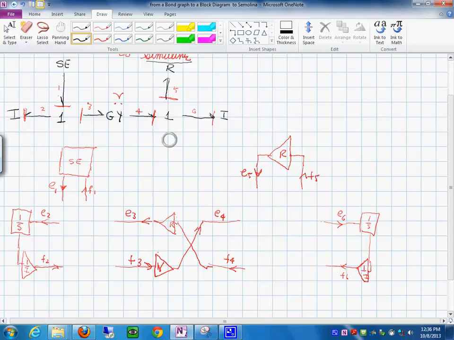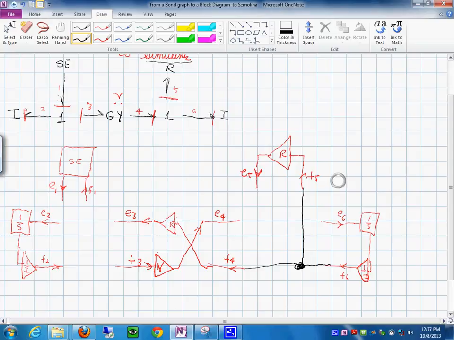The first thing we got to recognize is that here we have a one junction on this side where all the flows are the same. So F4, 5, and 6 are the same. So I would go here, and this is 4 in connection over here, like that.